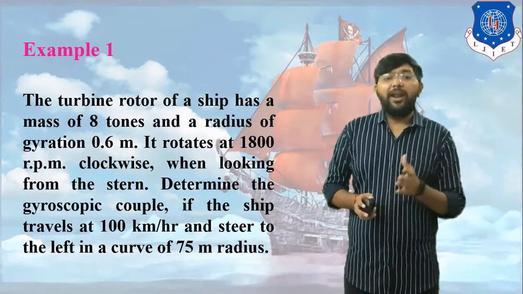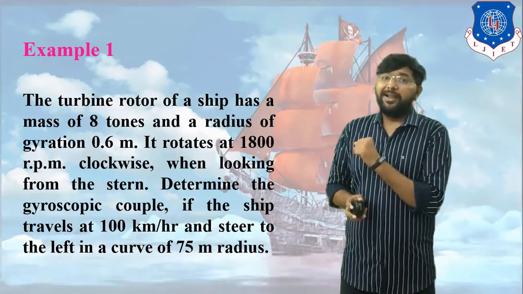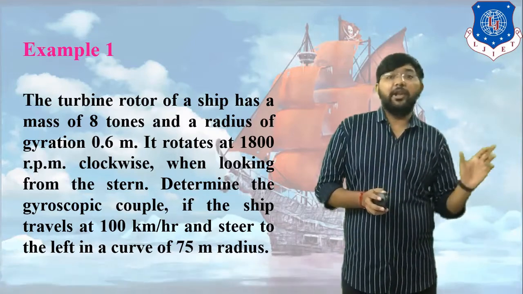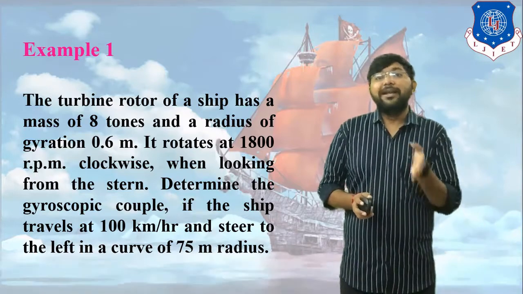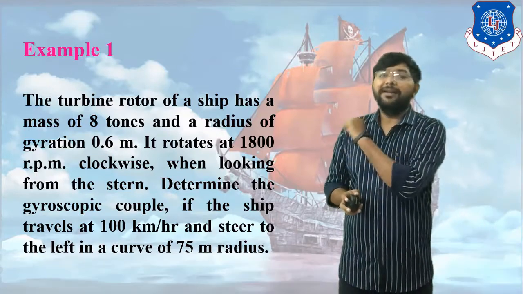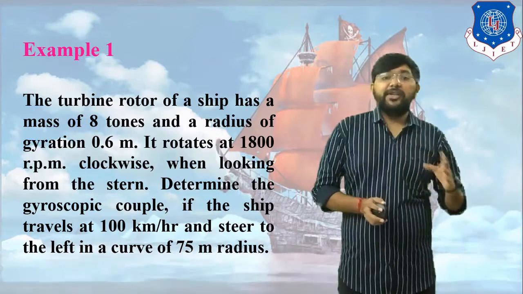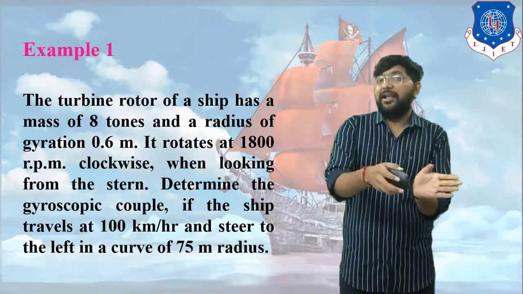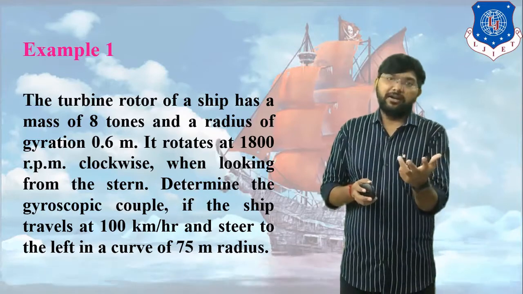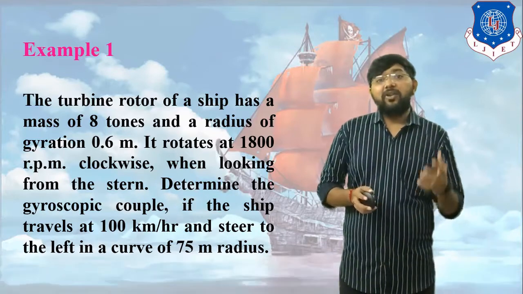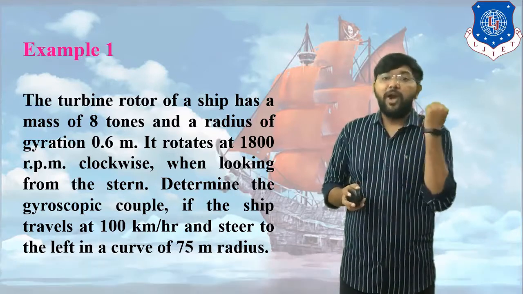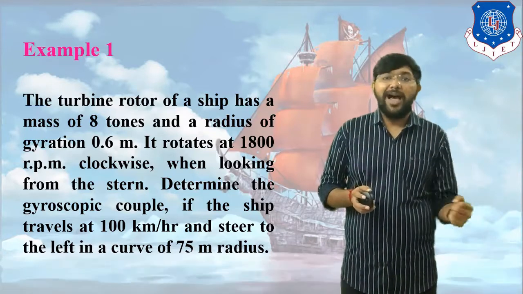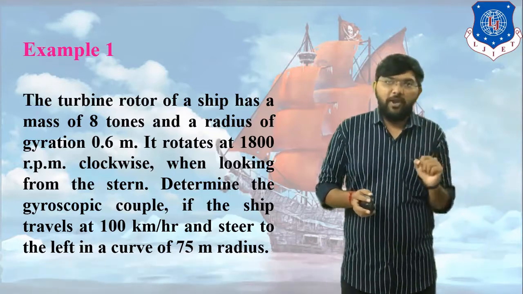If this ship travels at 100 km per hour, you have to convert km per hour into meter per second. The ship steers to left, that is, the ship tries to take a left turn. Then which type of effect occurs? The radius of this curve is 75 meter, that is, capital R is 75 meter.